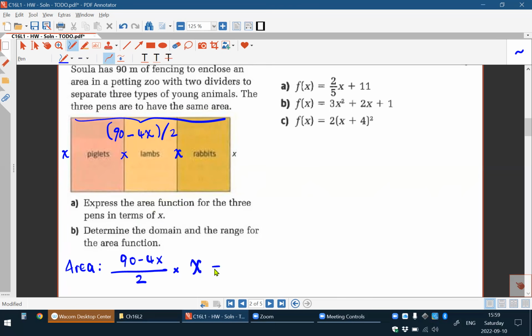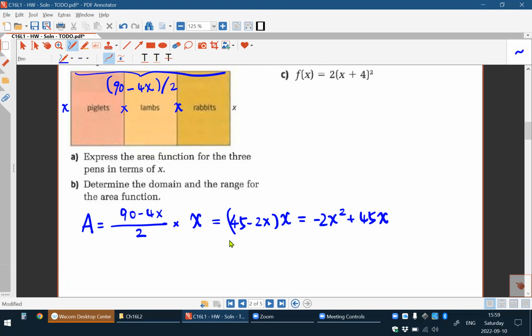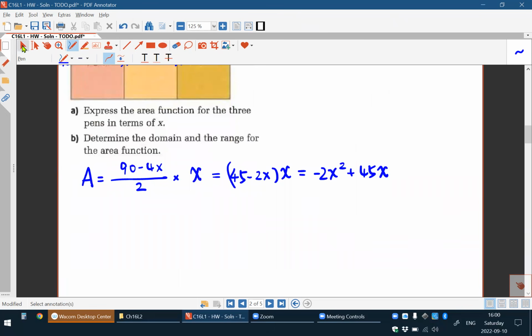And this is the expression of the area, which is 45 minus 2x times x. Let A stand for area. That's negative 2x squared plus 45x. That's a quadratic function, right?